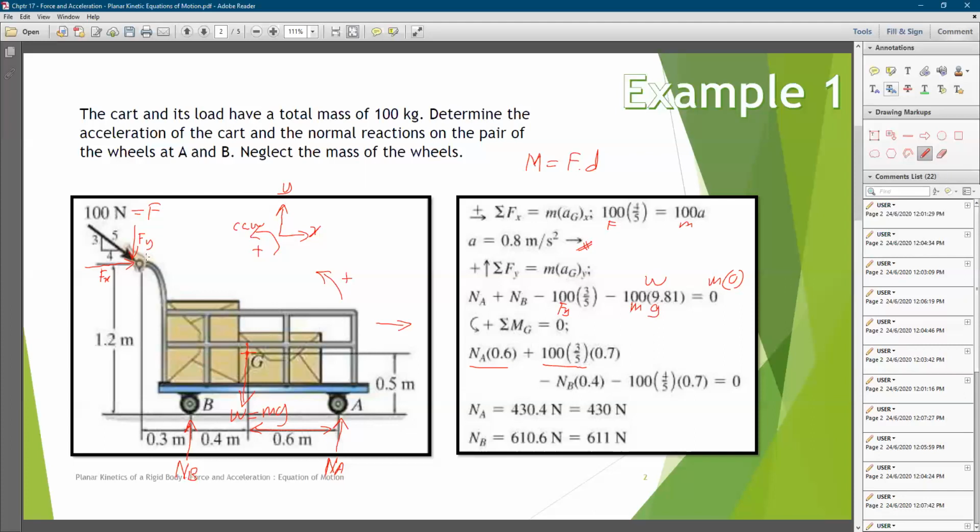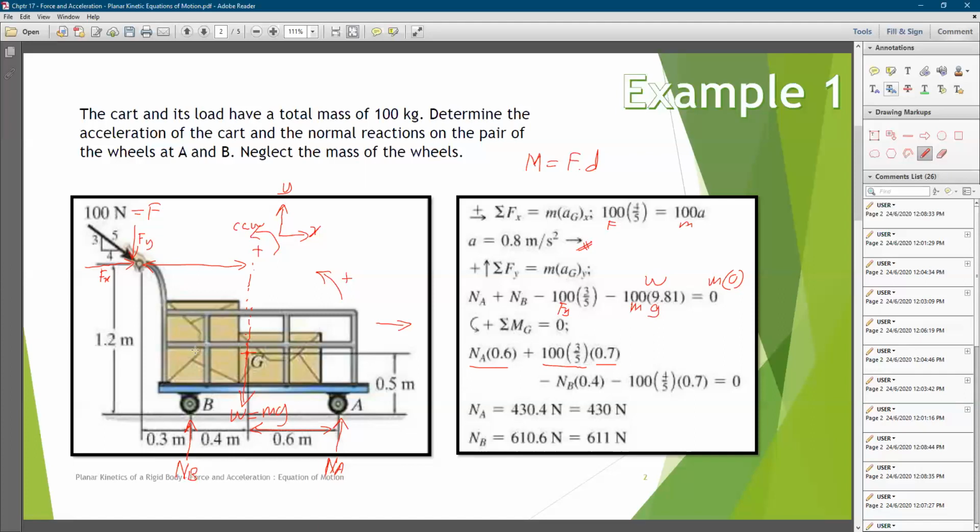If we draw the line from the center of rotation, we can see that it should be from here to this particular line, and down here it is 0.3 plus 0.4, so that is equal to 0.7.